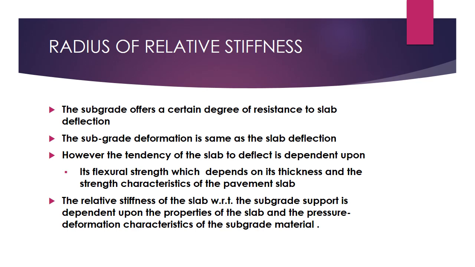The soil particles will have certain deformation characteristics, and the pressure distribution will be slightly different as compared to the slab properties. If we combine both of them, then the relative stiffness of the slab will be due to this combination.